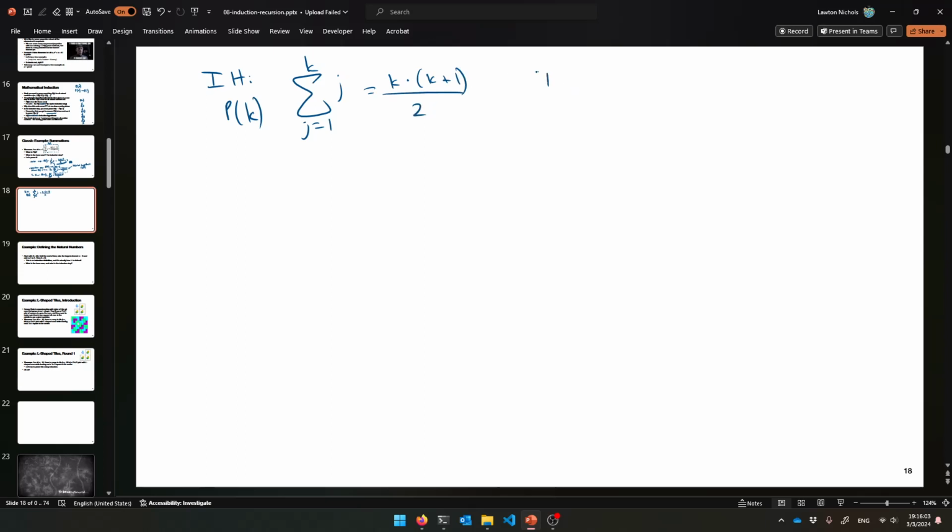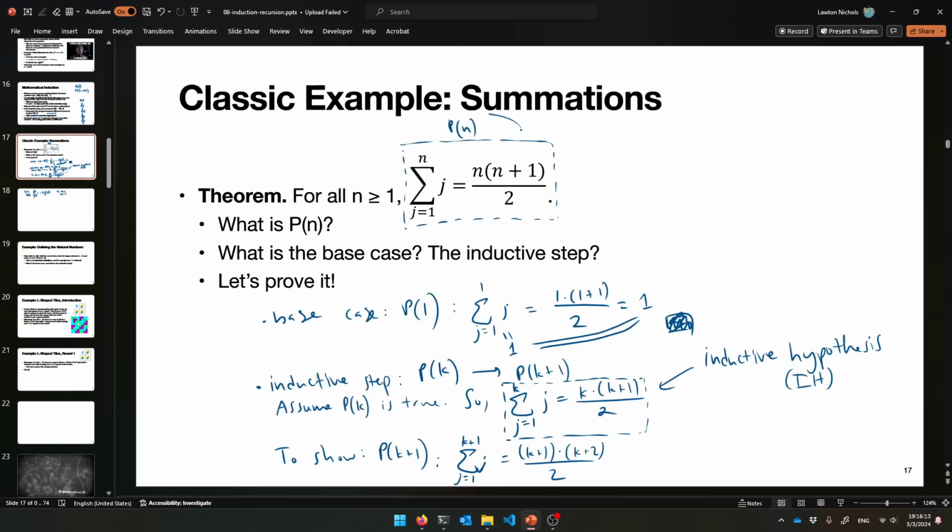And what we need to show is our P of k plus 1, which is this: plug in k plus 1 into this. It's all this right here.